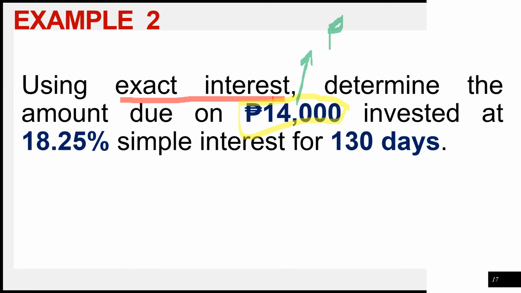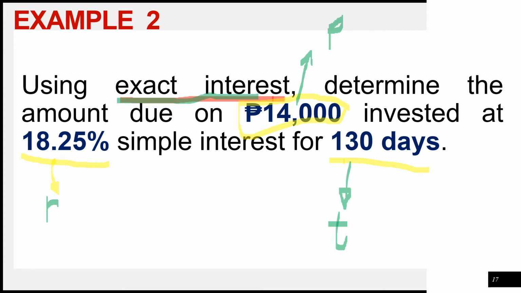Then we have here 18.25%, which is our interest rate. We need to convert this into its decimal form, and we will do that later. And finally, we have 130 days. 130 days is our term. Take note that in this particular problem, we are asked to use the exact interest.